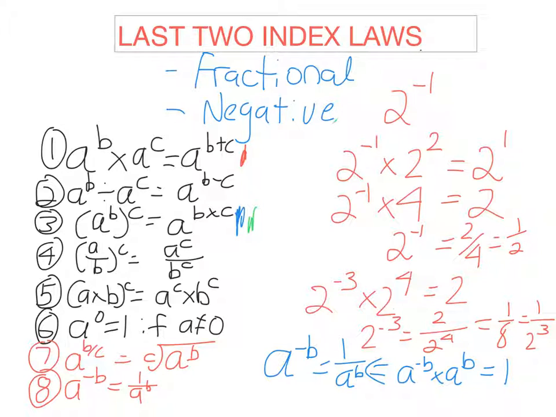So all of these index laws are written for you on your sheet. So now we're just going to do a couple of quick examples. So let's say we had the question where we had to evaluate 2 to the power of negative 5. Well, that would just be 1 over, now this is how you do negative powers. You put a 1 on the top, and then you write the base and exponent on the bottom, but with a positive power.